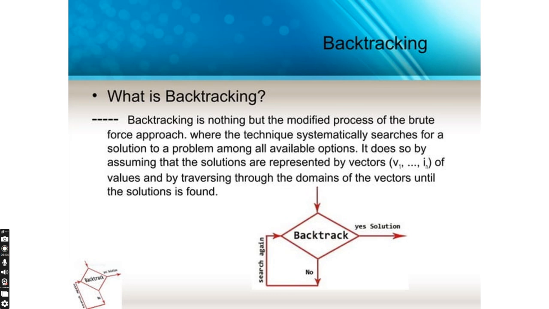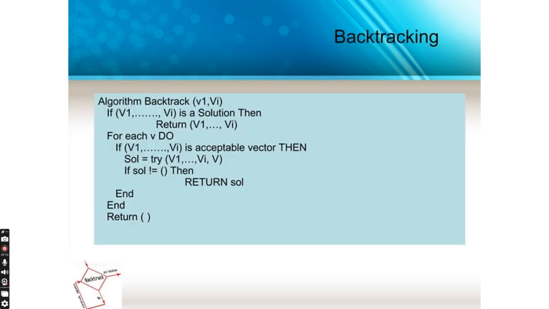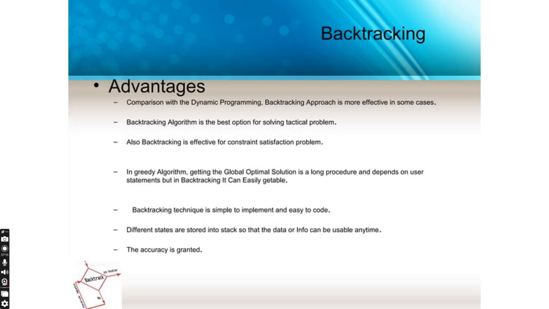It is a technique that systematically searches for a solution to a problem among all available options. The backtracking approach systematically tries and searches possibilities to find the solution. Also it is an important process for solving constraint satisfaction problems like crossword puzzles, Sudoku puzzles and other puzzles. Then the algorithm we have seen.